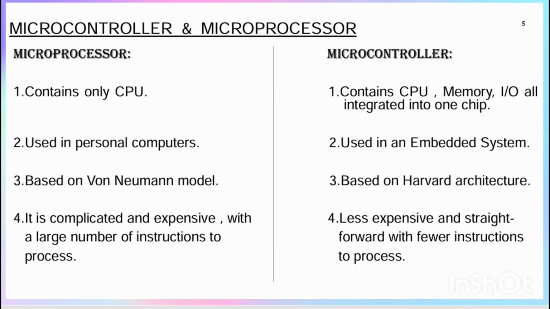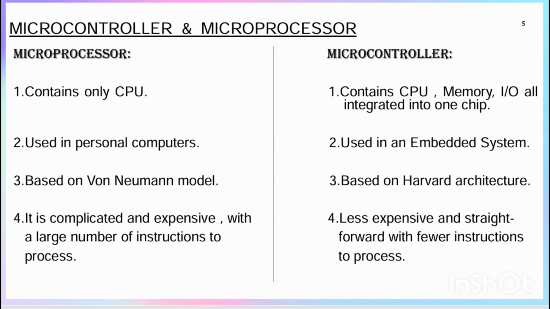A microprocessor is essentially just a central processing unit on a single chip, focused on high processing power and requiring external memory and peripherals to function, while a microcontroller integrates the CPU, memory and input-output ports all onto one chip, making it a self-contained computing unit ideal for embedded systems with specific control tasks.